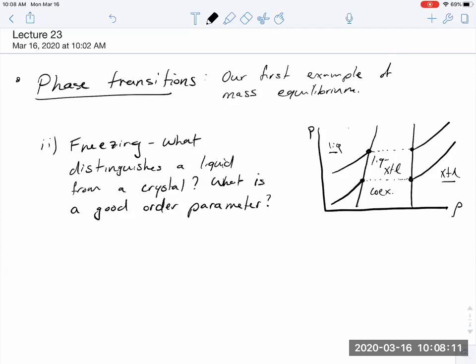So over on this side, if I looked at my system, I would see a liquid. Over here, I would see a crystal. In the middle, I would see both.